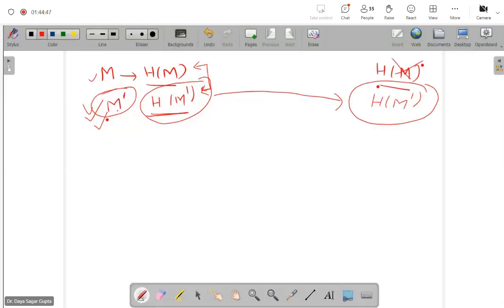So if the attacker changes both m dash and h of m dash, then no user can differentiate the changes. He will just accept the wrong message. If somebody is trying to say I love you and somebody changes it to I hate you, everything will be spoiled.